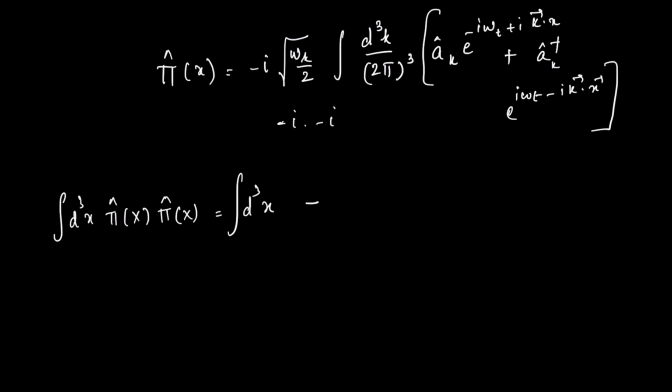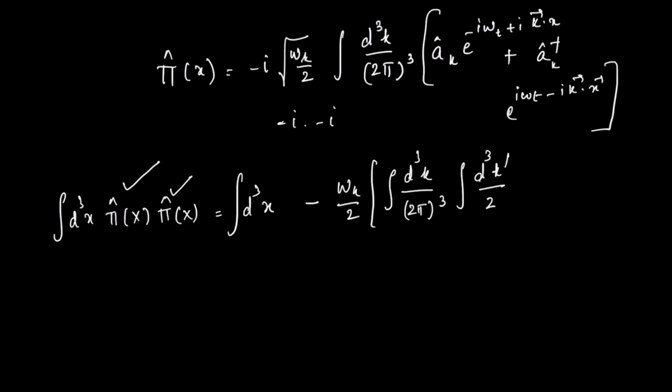So minus, now root of omega by 2 times will be omega k by 2, integral d cube k by 2 pi cube, right? Then there is one more integral because pi multiplied by pi. So I am writing the second one, k prime by 2 pi cube.